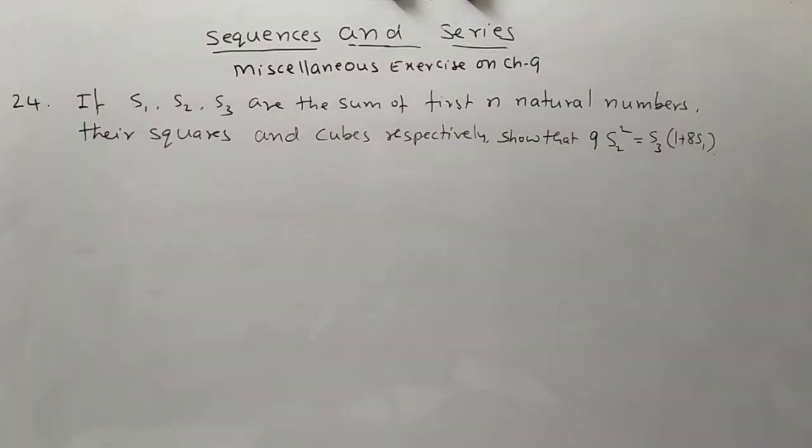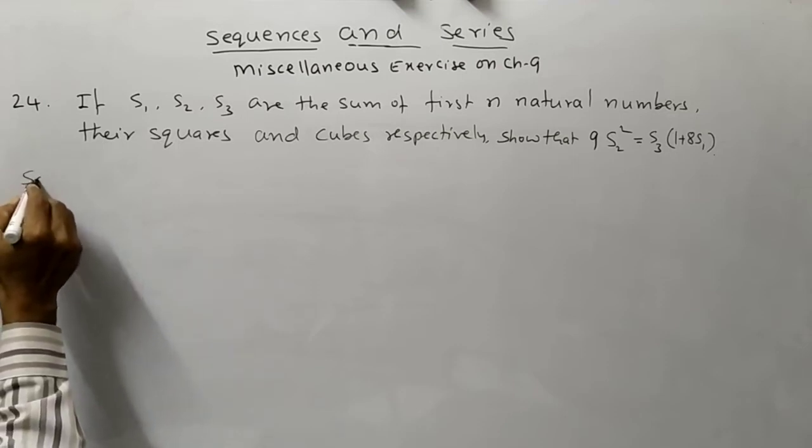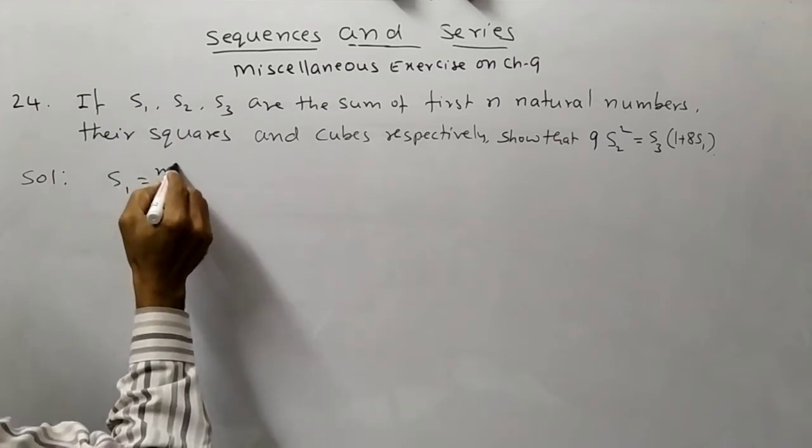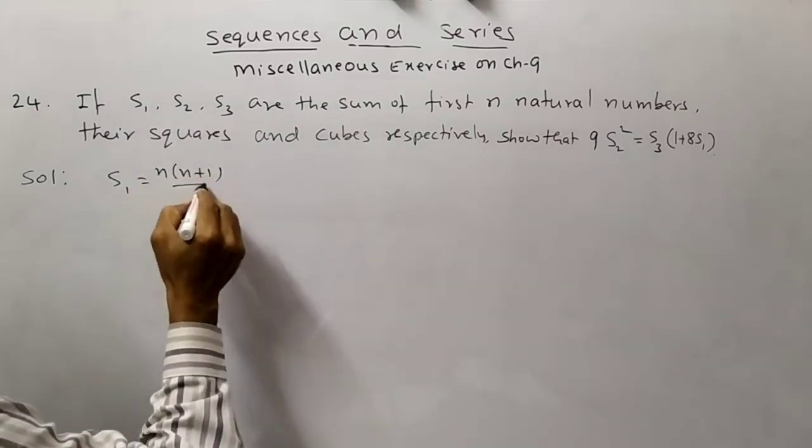Question number 24. If S1, S2, S3 are the sum of first n natural numbers, their squares and cubes respectively, show that 9 S2 square is equal to S3 into bracket 1 plus 8 S1. Solution. S1 is equal to n into n plus 1 divided by 2.